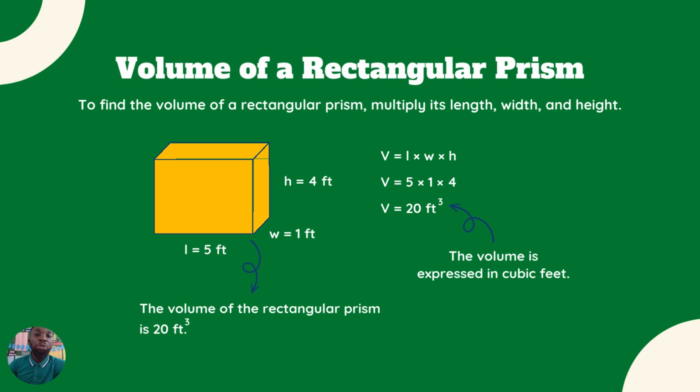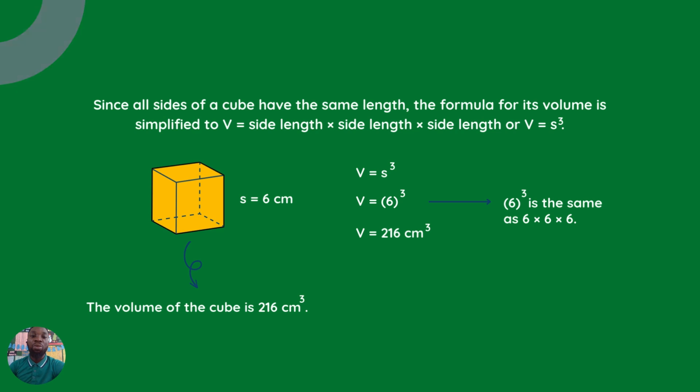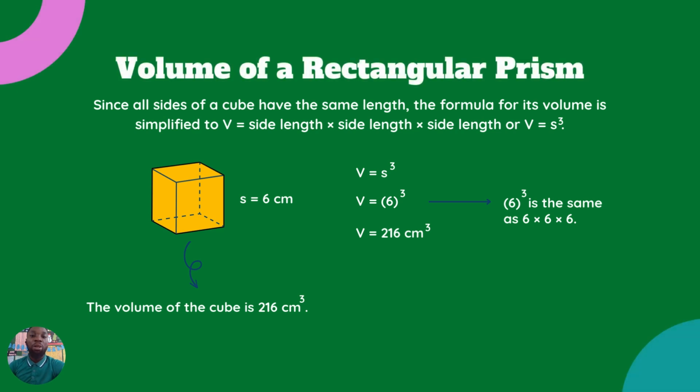So what you have to do is to substitute the value of the given numbers. So L is 5, that is 5 times 1 times 4. So that will give us 20 feet cube. So the volume of the rectangular prism above is 20 feet cube.